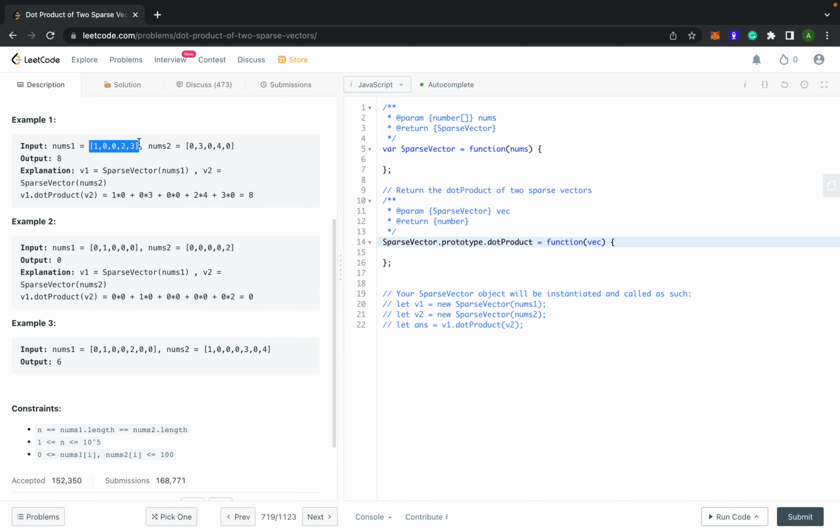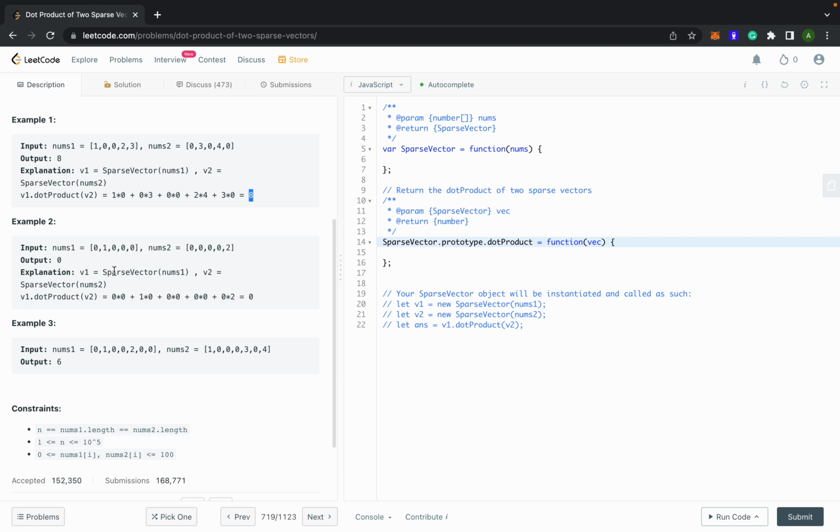When we have 1,0,0,2,3 and 0,3,0,4,0, the output is 8, because we have v1 as this one and v2 as this one, and the dot product of v1 and v2 works out like this. 1 times 0 is 0, 0 times 3 is 0, 0 times 0 is 0, 2 times 4 is 8, 3 times 0 is 0, so that's just 8.